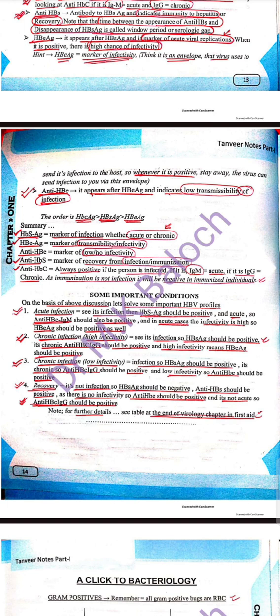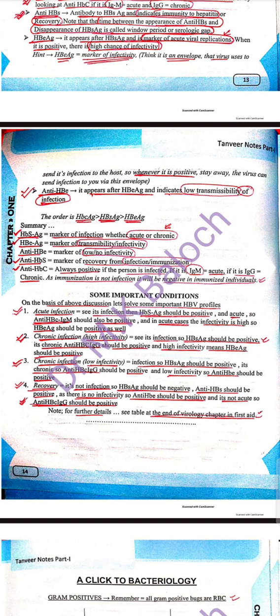So run away here. This is how you remember it in the exam, because there are so many MCQs and we just remember in this way. Anti-HBe is a marker of low or no infectivity. Anti-HBs is a marker of recovery from infection or immunization.